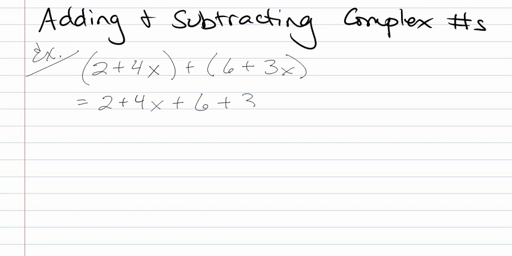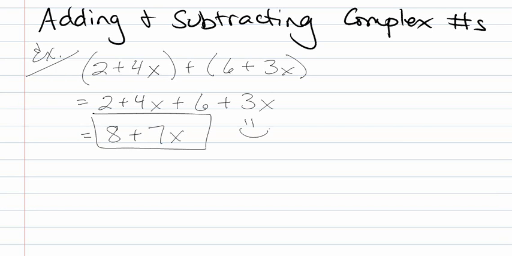They don't do anything weird. So I can go ahead and drop these parentheses. Now I can combine like terms. So I've got 2 plus 6 is 8, and then 4x plus 3x is 7x, and I'm all done and super happy. All right, so that's not too bad.